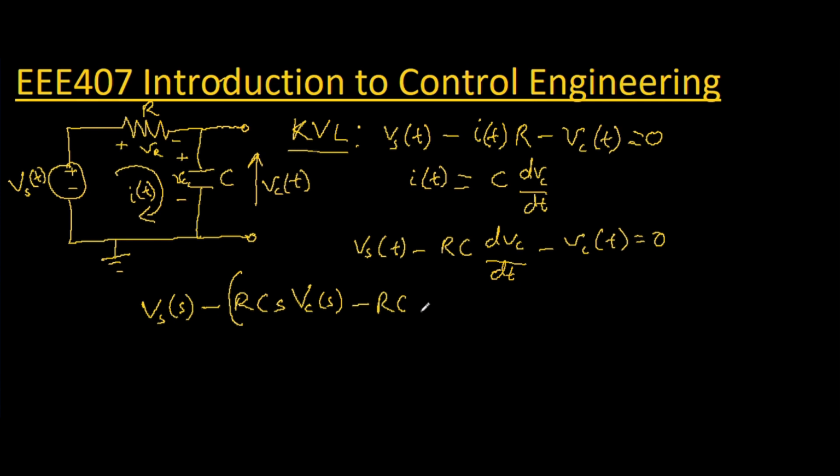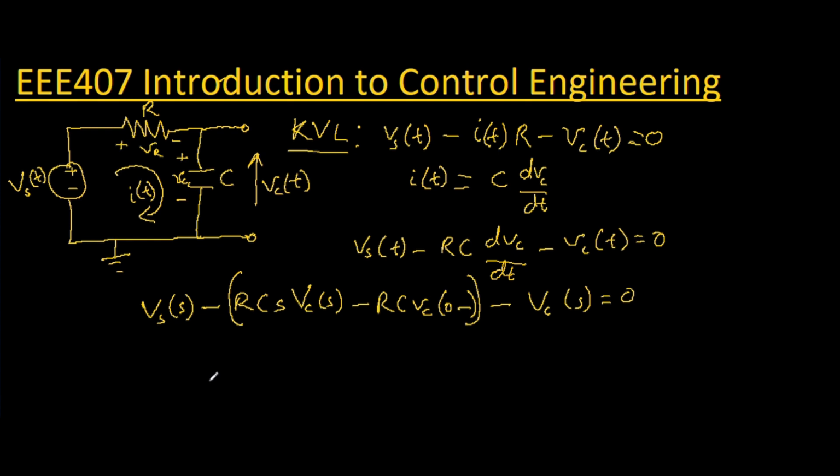So we have our initial conditions. So RC multiplied by VC initial. Okay, I'll close that up now, and then minus VC of S, all being equal to 0. I'll take the VC terms to the right hand side and collect like terms.